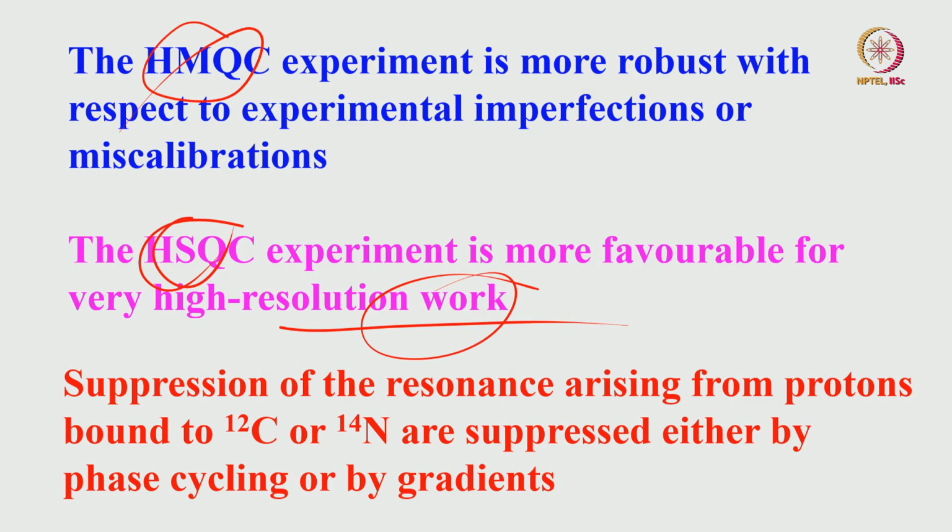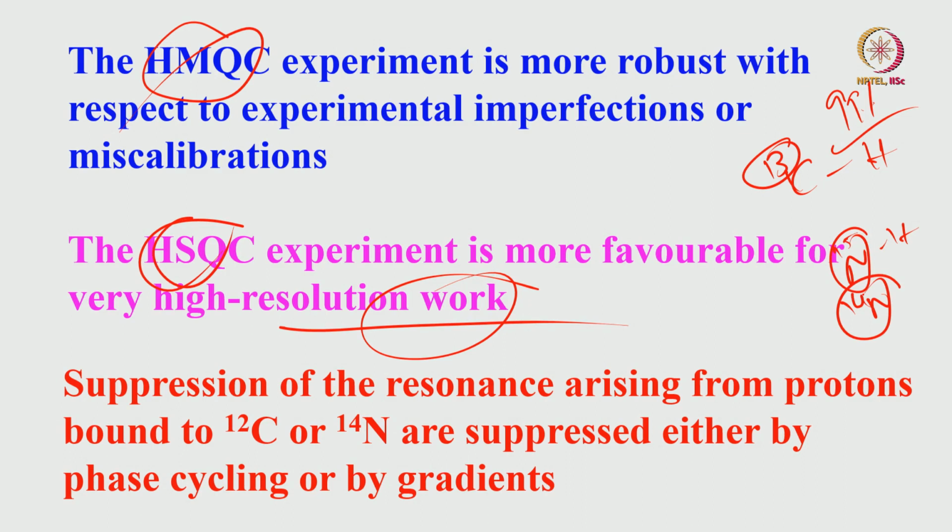And suppression of the resonance, another important thing is we have to do. When I am correlating the carbon 13 with proton, I have to correlate this one with proton. But remember, carbon 12 is highly abundant, 99%. That's what I said. If I do an N15 proton correlation, nitrogen 15, nitrogen 14 is also there, that is 99% abundant.